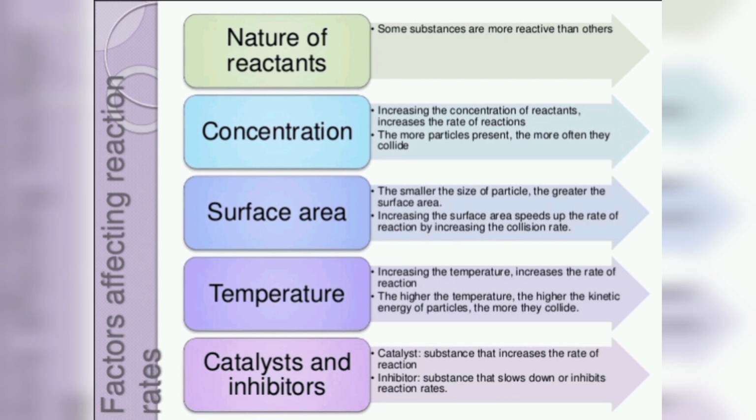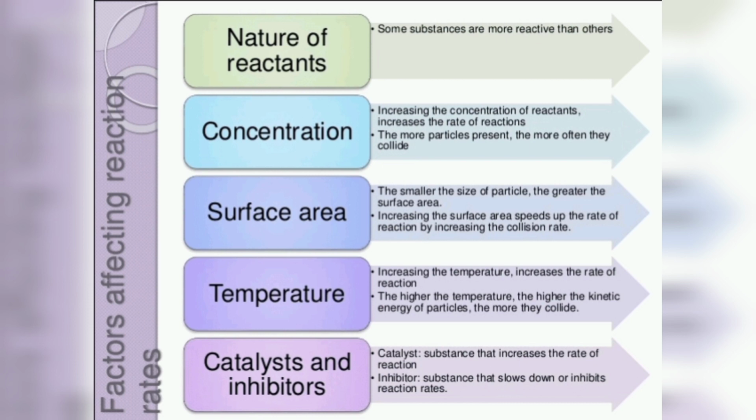If they move and collide with each other often, the reaction rate will be faster. So if we increase the pressure, the reaction rate also increases, directly proportional to the pressure.